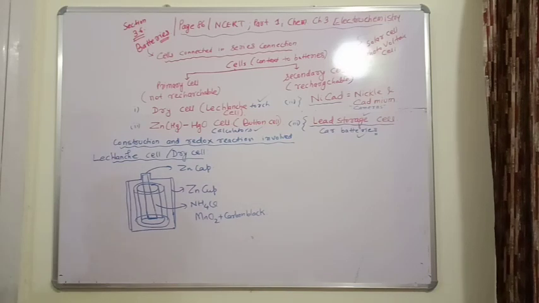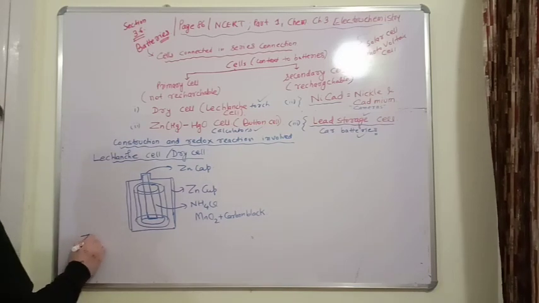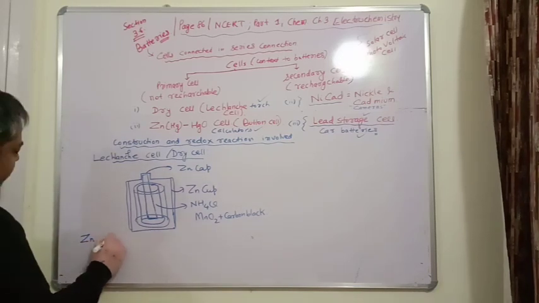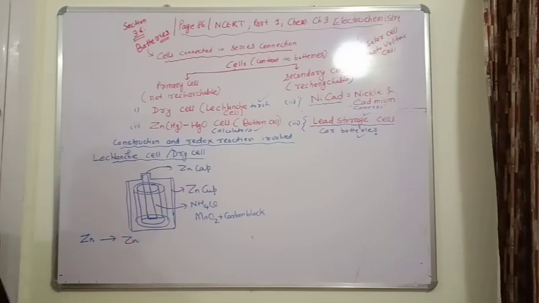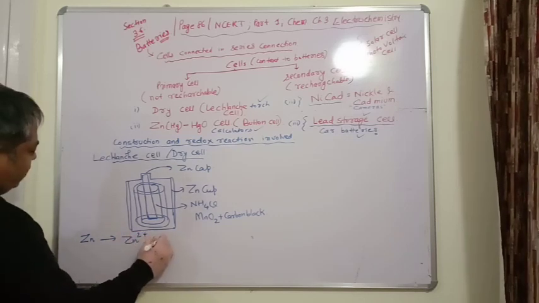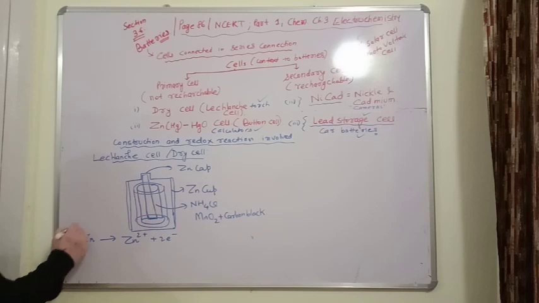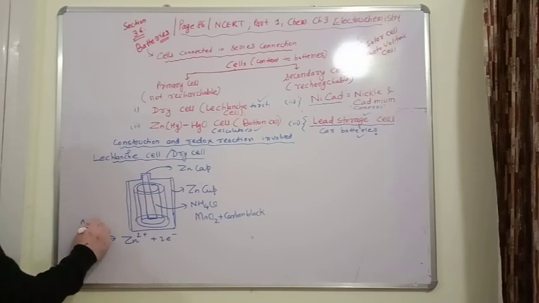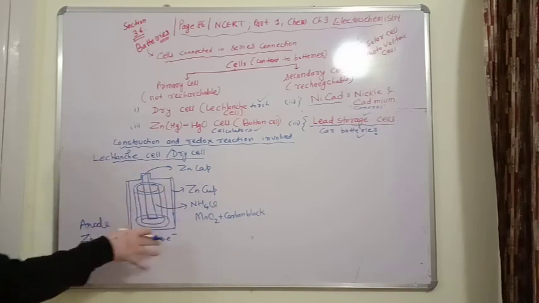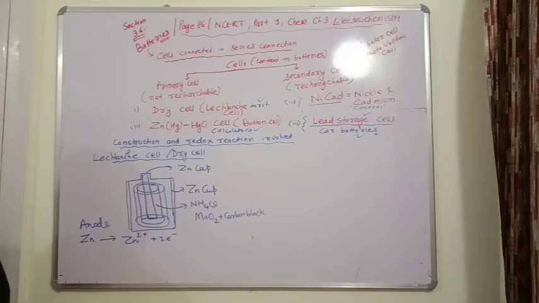So what happens here? Zinc acts as anode and gives out electrons. It forms Zn2+ and 2 electrons come out. So this takes place at the anode, or we can say the zinc body acts as anode.